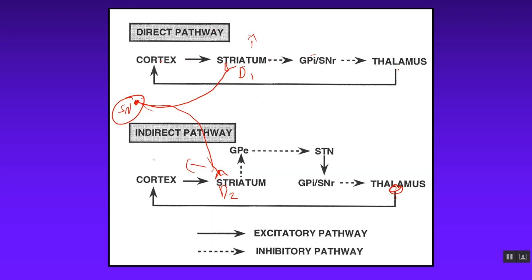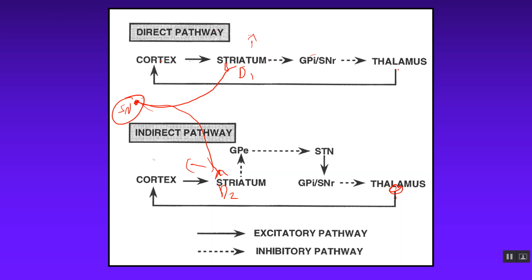Since the direct pathway is more excitatory, it's going to play a bigger role in motor output. There are times, though, you want less motor output, where you just want to sit and be quiet and not move or fidget and those kind of things. So there's times when your substantia nigra will say, let's decrease the amount of dopamine in the system, and let the direct pathway come down a notch.